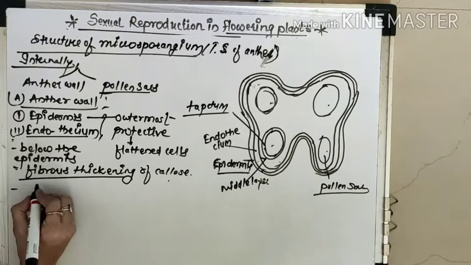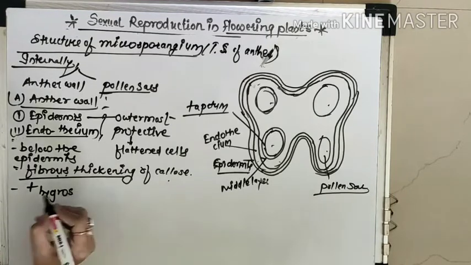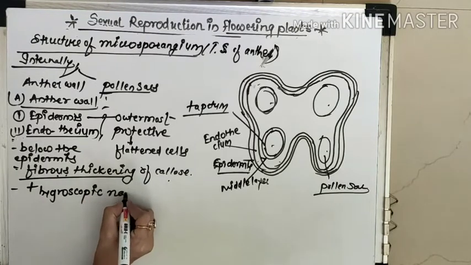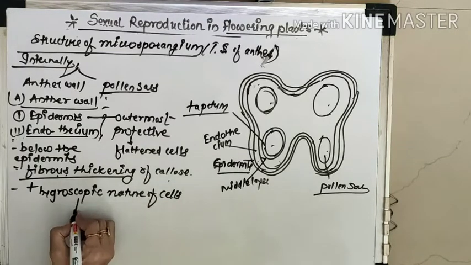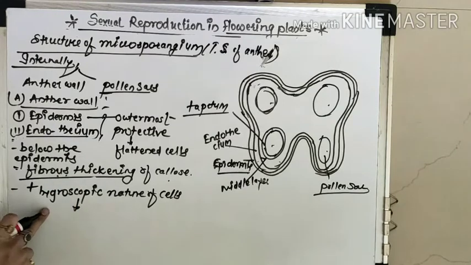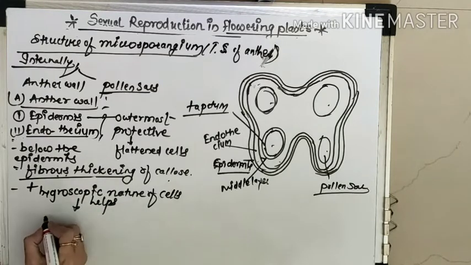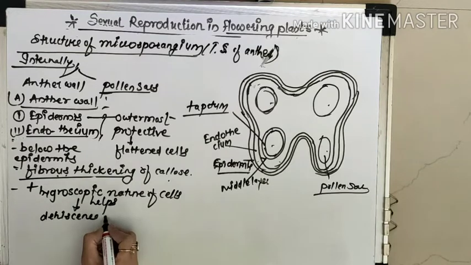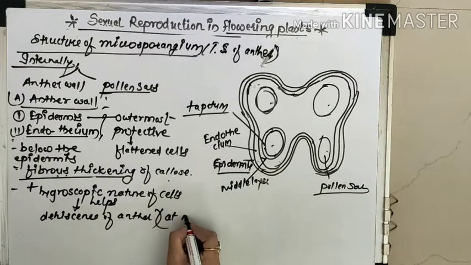This fibrous thickening, along with the hygroscopic nature of the cells, helps in dehiscence of the anther at maturity.